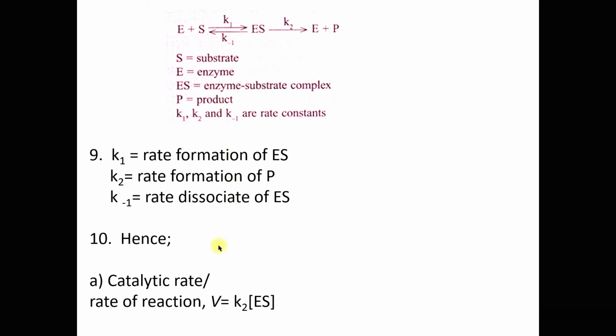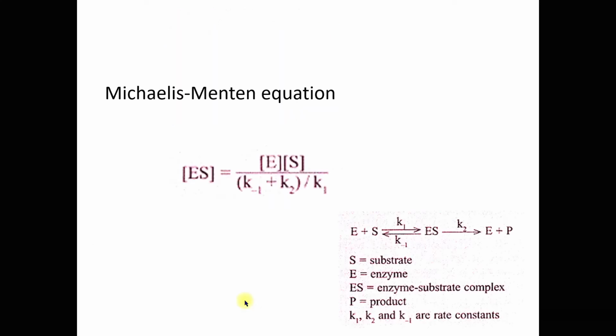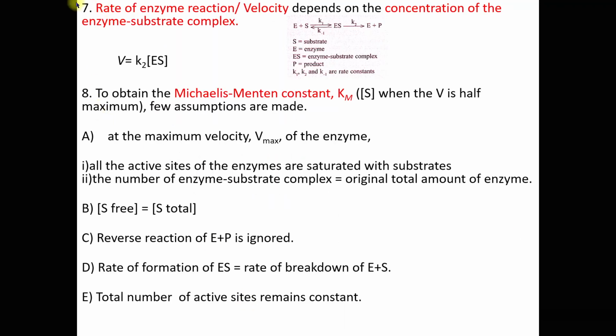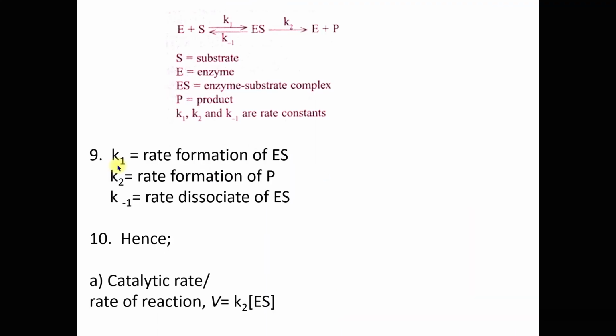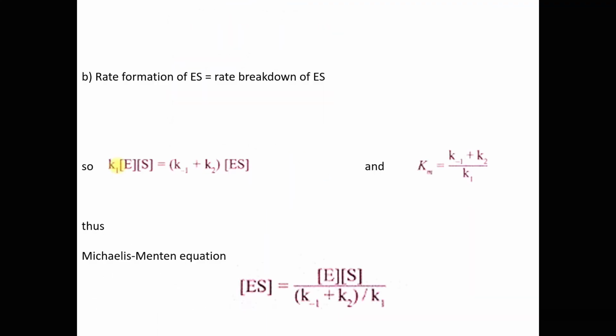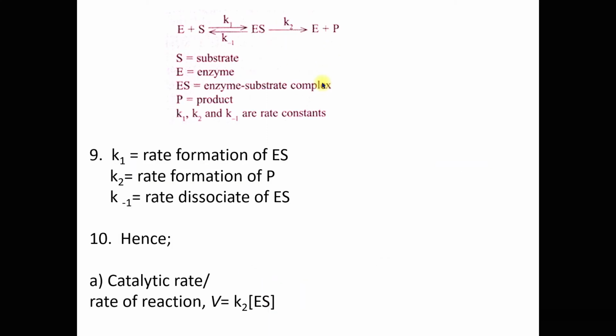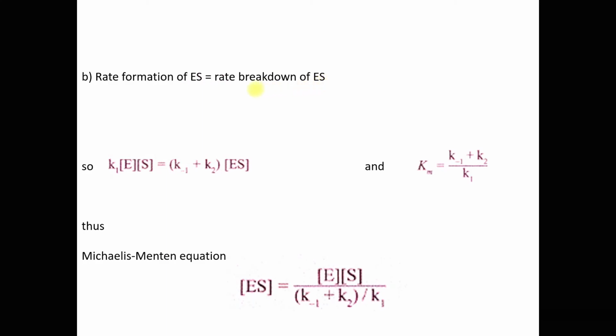Hence, for the rate of reaction, we have V equals K2 times enzyme substrate concentration, like what I have mentioned in point number 7. And then the rate of formation of enzyme substrate is equivalent to the rate of breakdown of enzyme substrate. Betul kan? Like what I've mentioned earlier. So sekarang nak buktikan macam mana dapat equation ini.